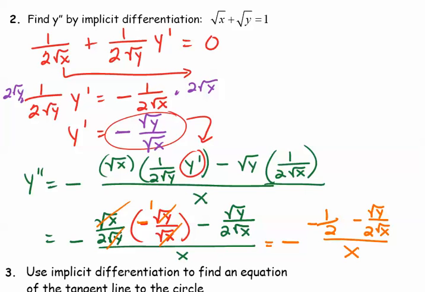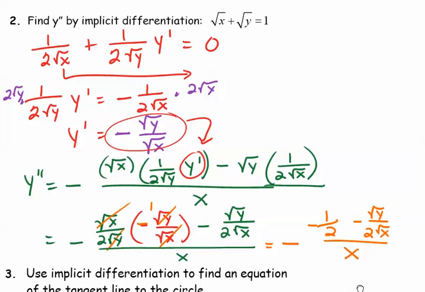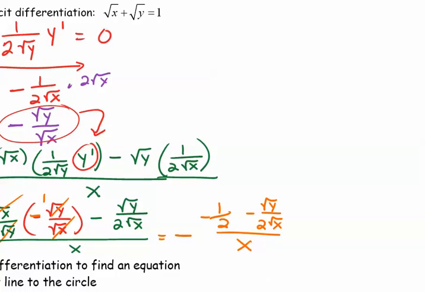And we don't like the complex fraction, so let's multiply the numerator and the denominator by 2 square root of x, perhaps. Let's see how that will work out.